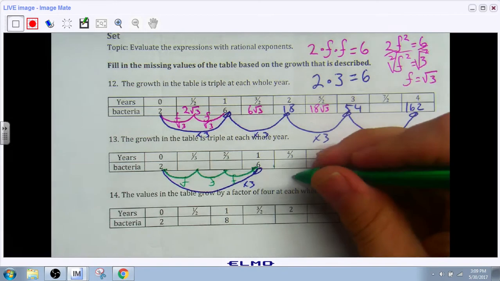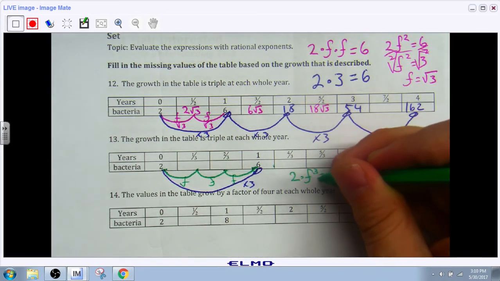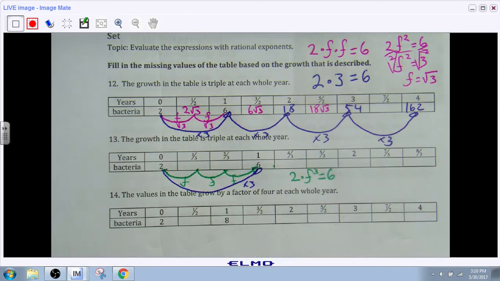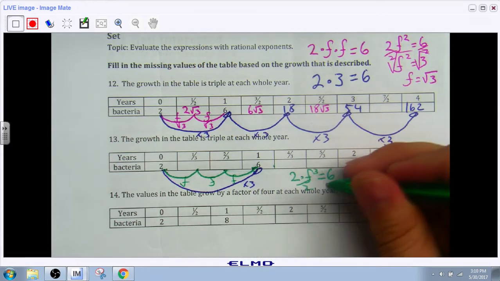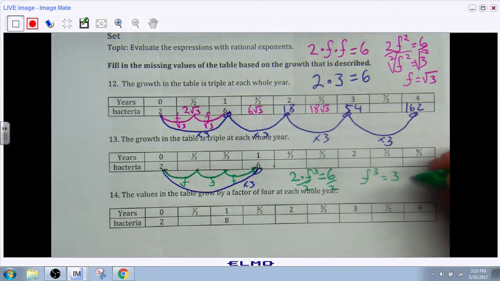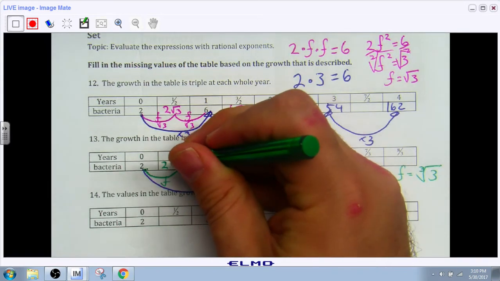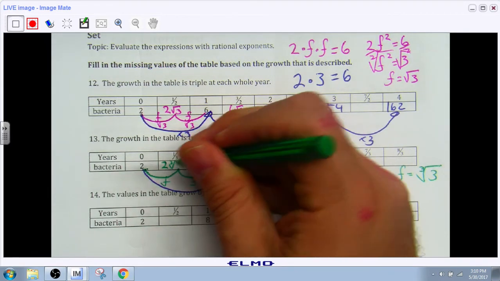So I know that 2 times f cubed is supposed to equal 6. So when I divide by 2, I have f cubed equals 3. So f equals the cube root of 3. So this is going to be 2 times the cube root of 3.